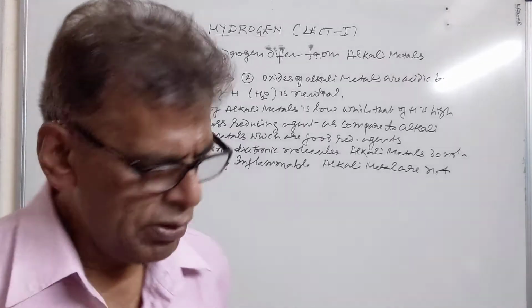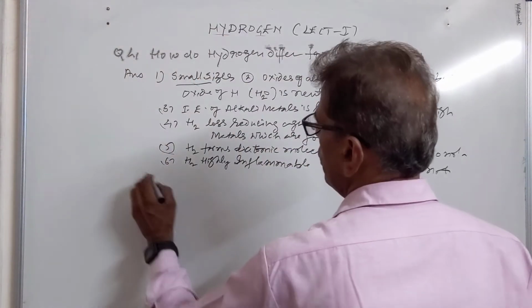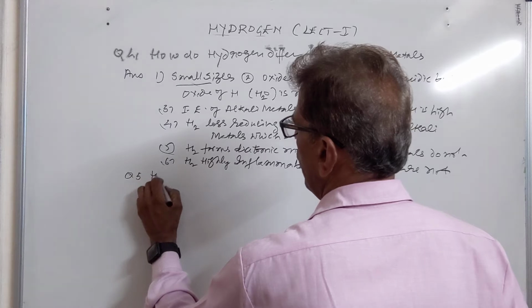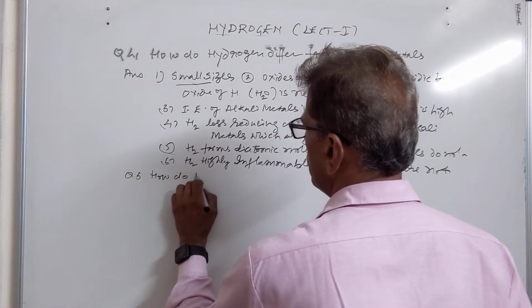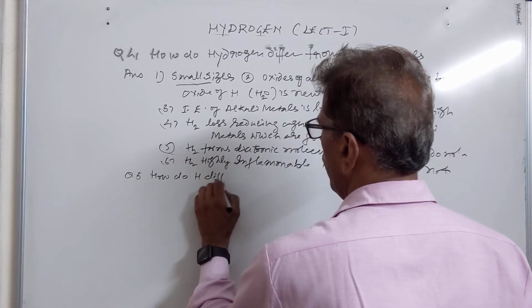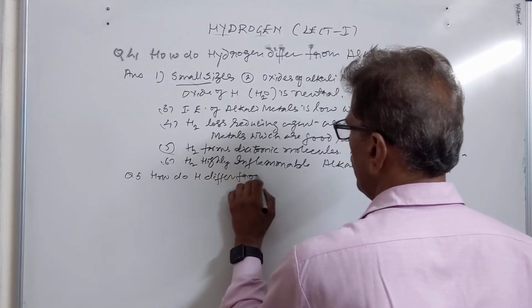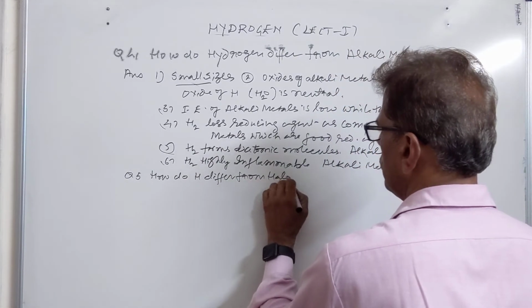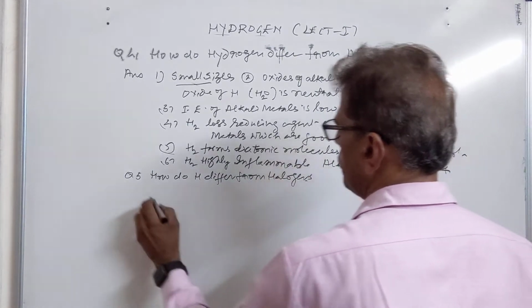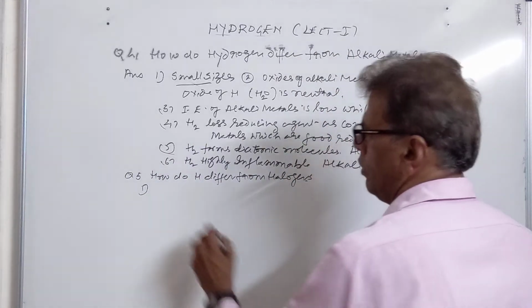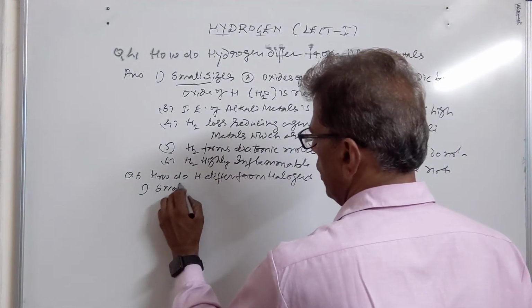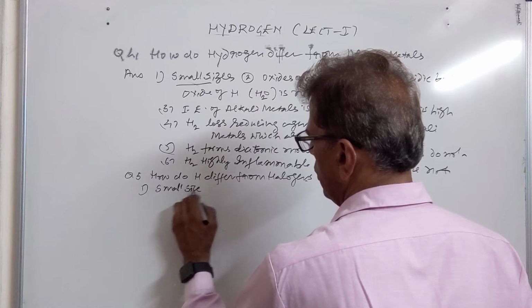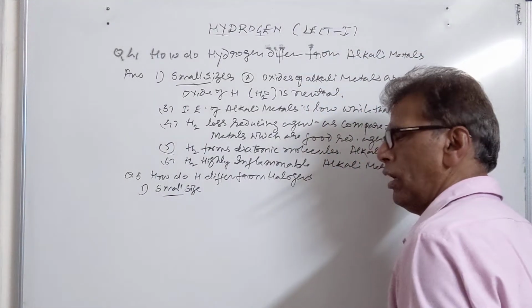Then we have the differences of hydrogen. How does hydrogen differ from halogens? Small size: halogens have large sizes, hydrogen has small size because it has only one shell.